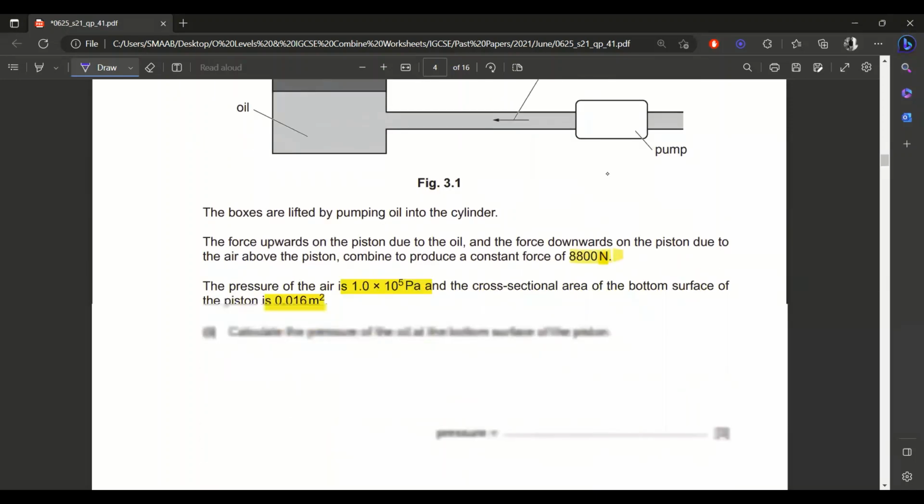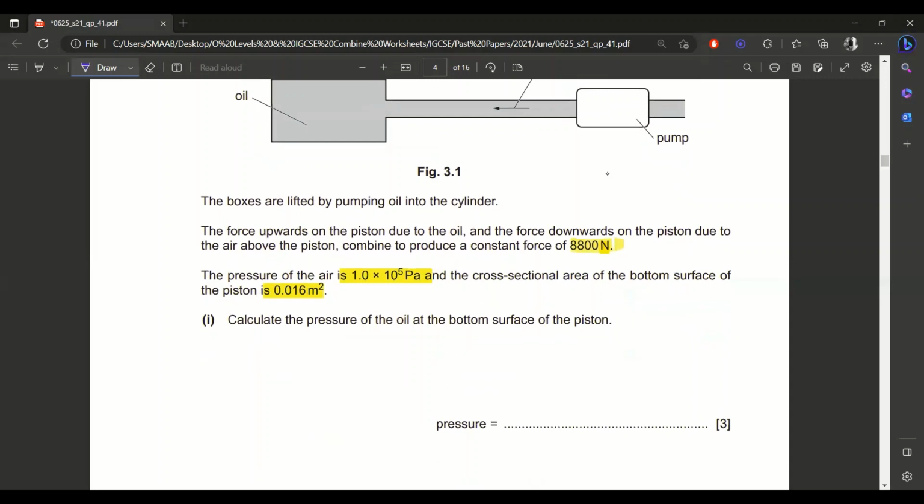If we use the concept of force divided by area, that will give you the pressure. So pressure will be equal to force divided by area. So force is equal to 8800 divided by area. Area will be equal to 0.016. So what is the answer of the pressure? 5.5 times 10 to the power 5.